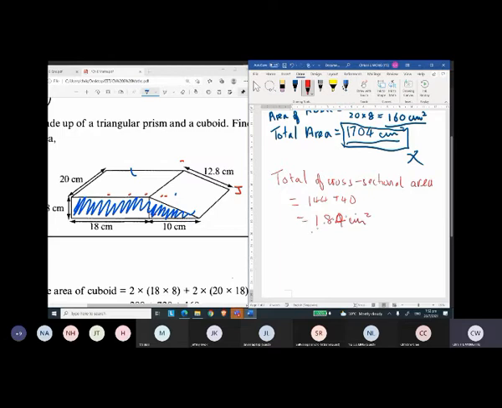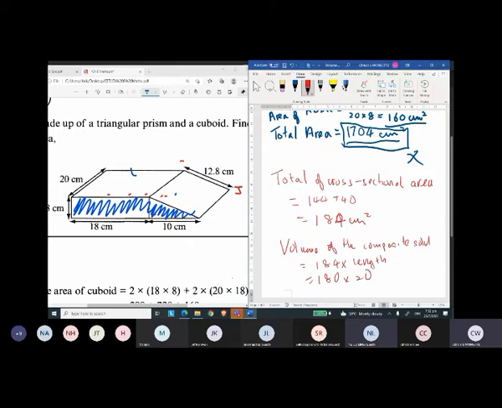184 cm square, okay? Volume of the composite solid is equal to 184 times the length, which is 184 times 20.